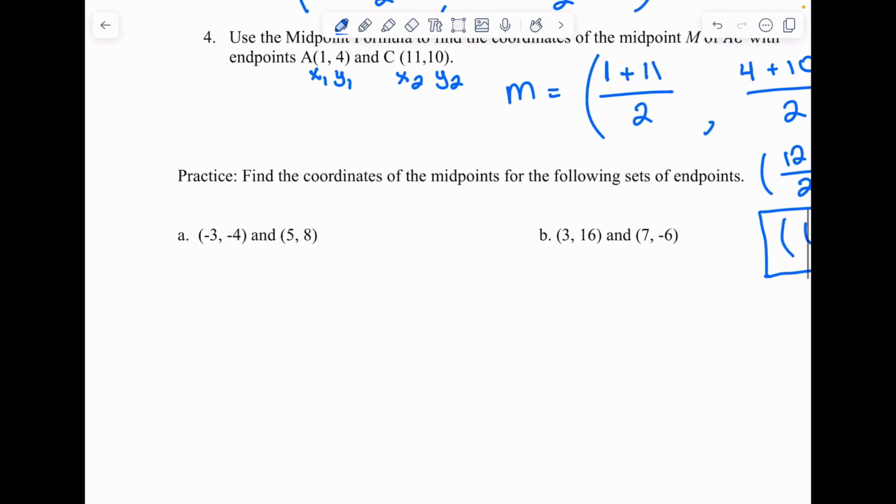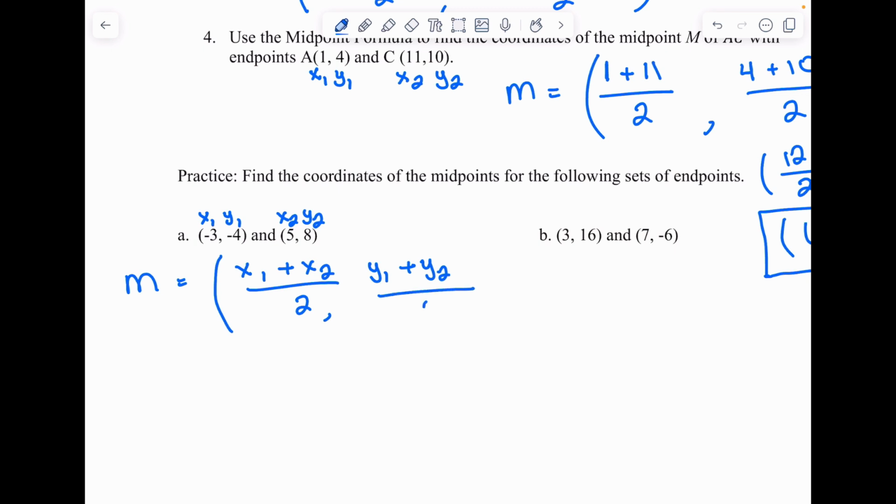So in A, I have the endpoints -3, -4, and 5, 8. I'm going to start by labeling x1, y1, and x2, y2. And I'm going to copy down my midpoint formula so I know where I'm plugging in my values. x1 is -3 plus x2 is 5. y1 is -4 and y2 is 8.